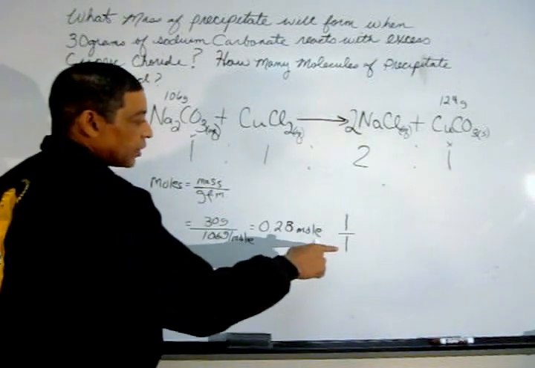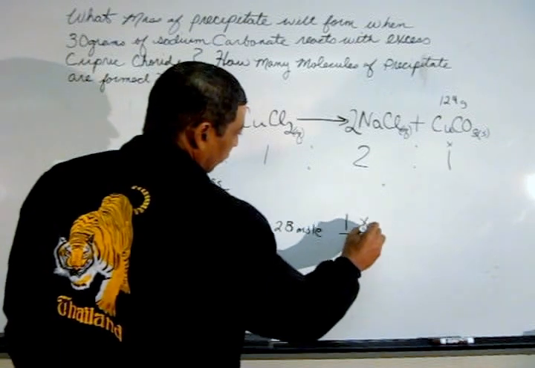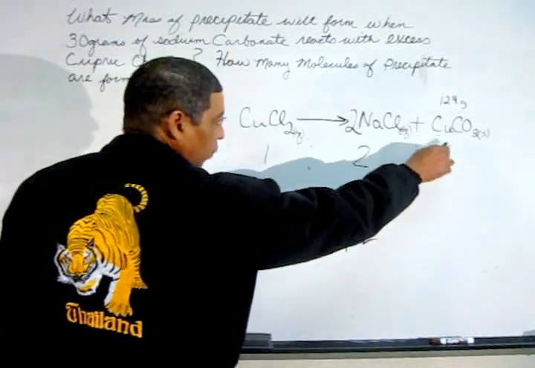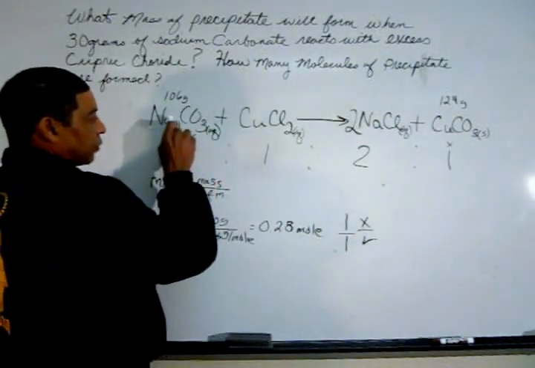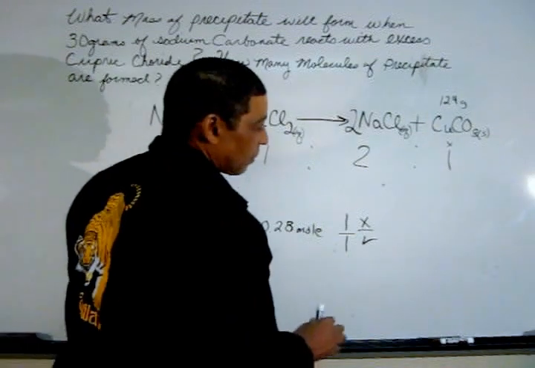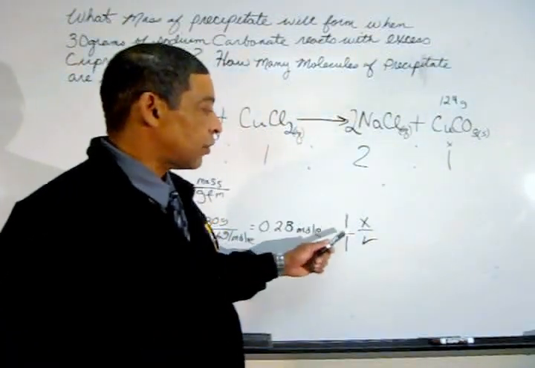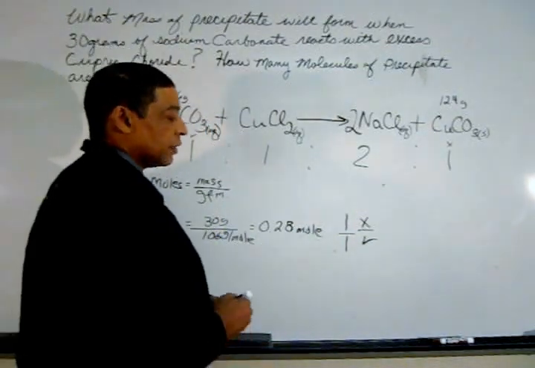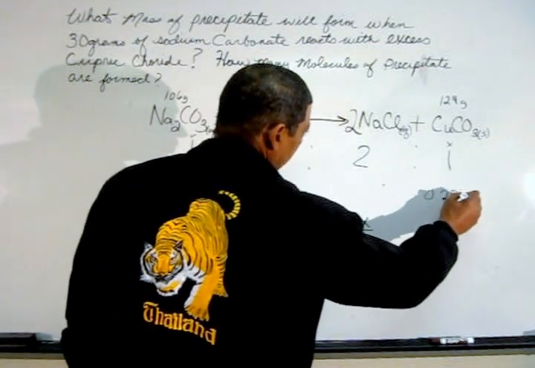And the fraction will always be X over check. So the 1 for the copper(II) carbonate is in the numerator, and the 1 for the sodium carbonate is in the denominator. Clearly, in this particular case, it is irrelevant since both numbers are 1s. 0.28 times 1 is equal to 0.28 mole.